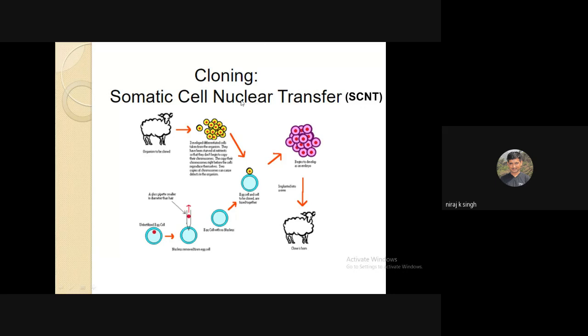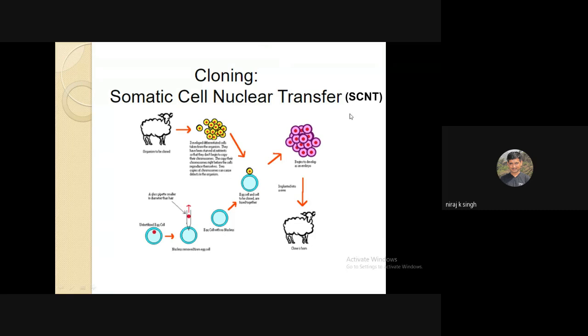Now, if you visit Europe, you can see people doing cloning in a simple clinic. But in India, cloning is still a very rare practice. In my best knowledge, there are only 2 animal science institutes where cloning is going on.